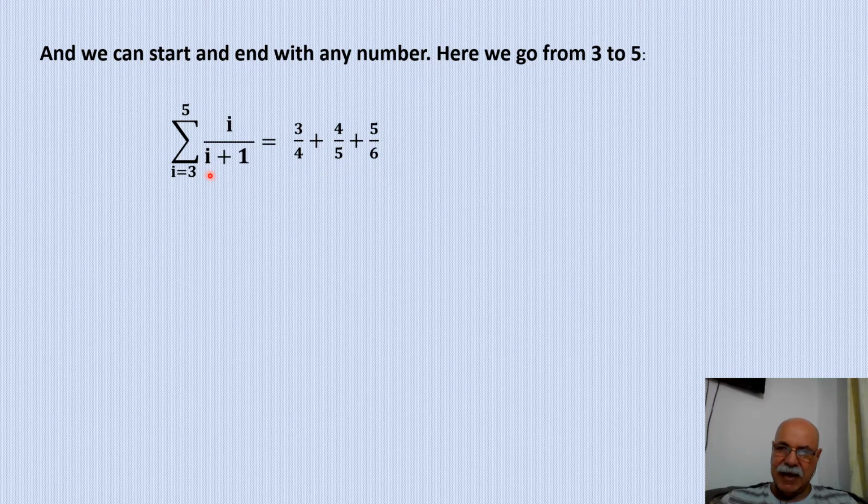You see, i plus 1: for i equals 3, 3 plus 1 is 4; for i equals 4, it is 5; for i equals 5, it is 6. This element goes from 3 to 5.